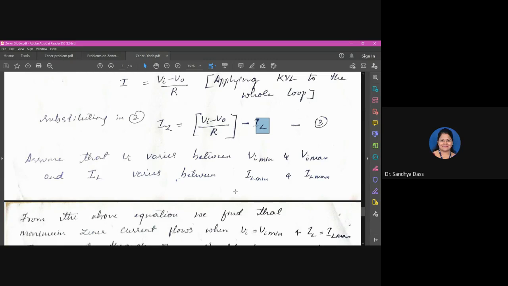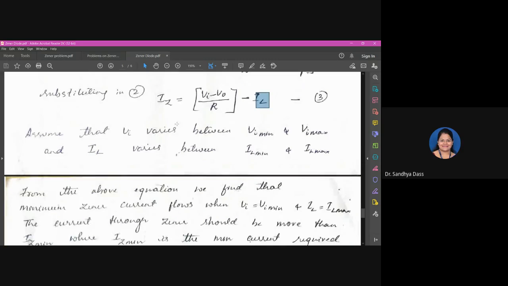From our discussion, let us go from minimum: IZ minimum will be equal to VI minimum minus V naught by R minus IL maximum. Can I write like that?